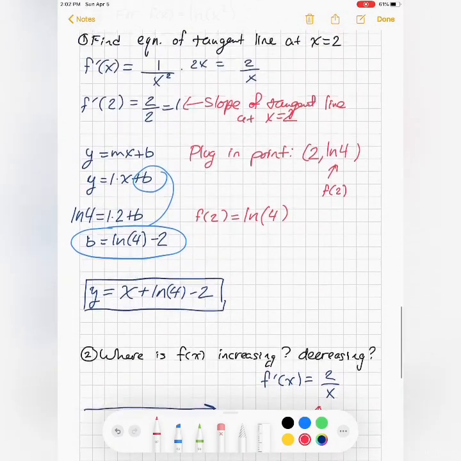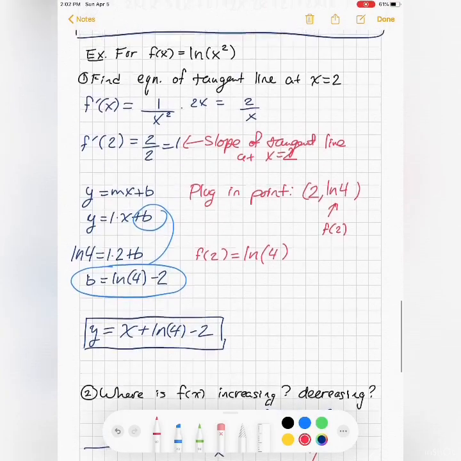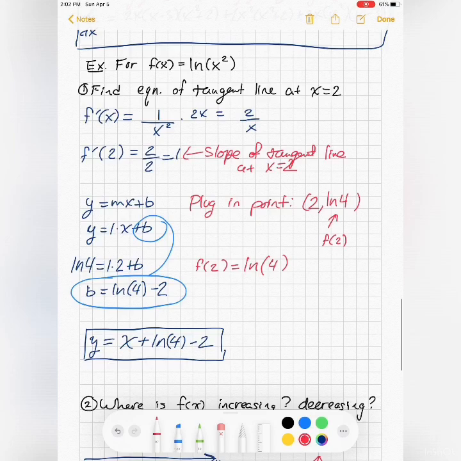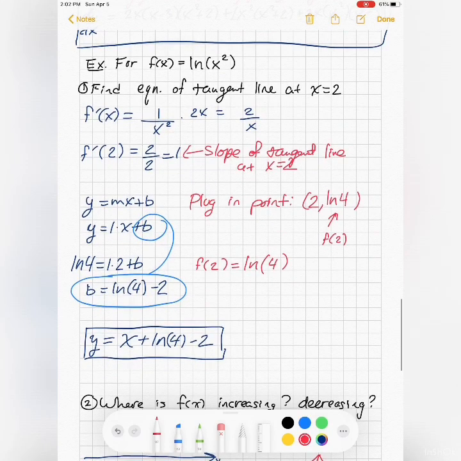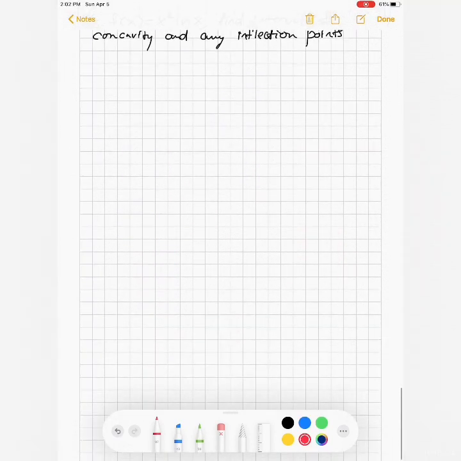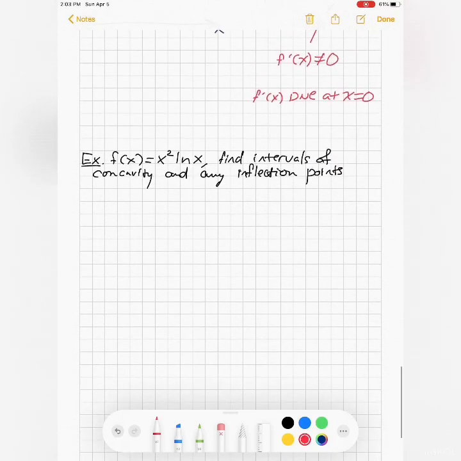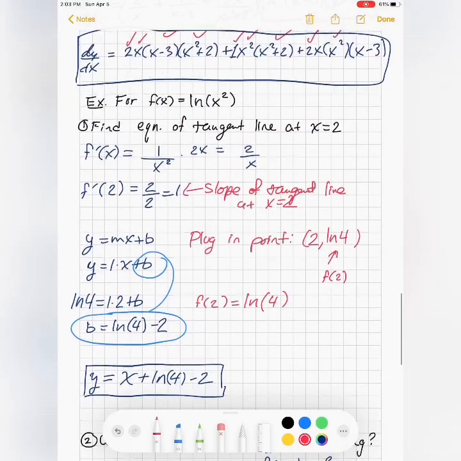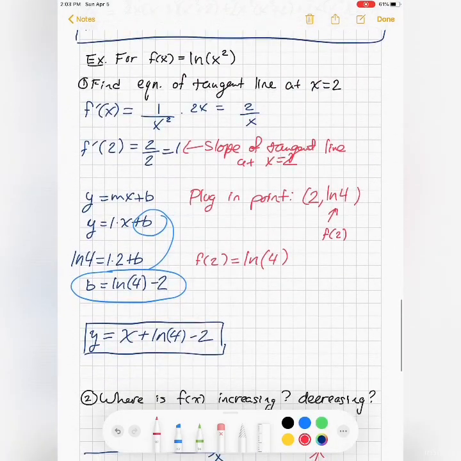Let me look back at the original function. Okay, looking back at the original function here, I can see the original function is also undefined at 0. I can't take the ln of 0.